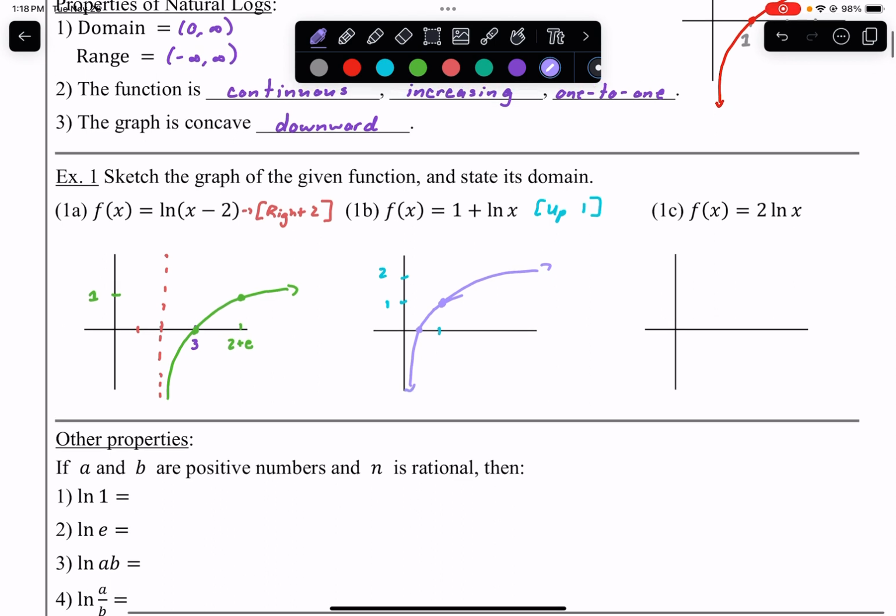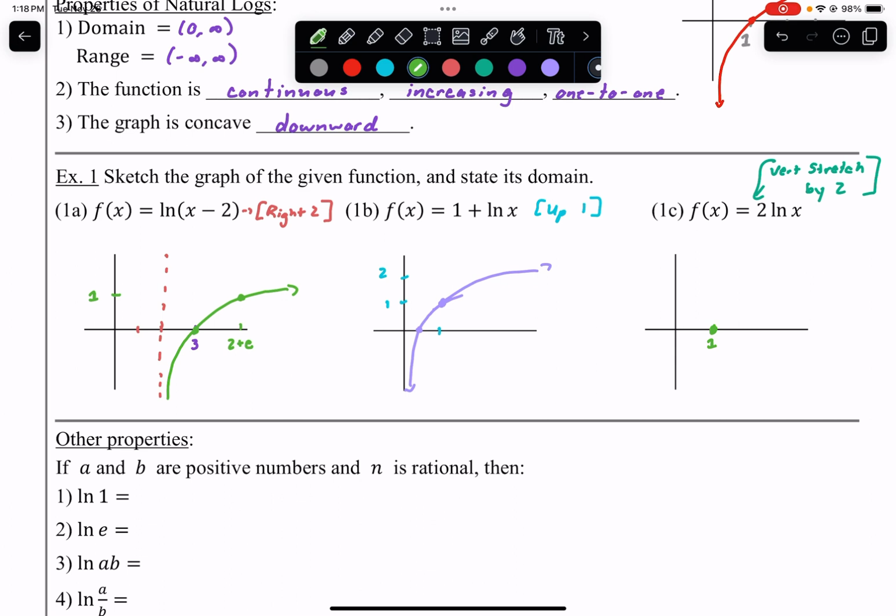Now the 2, this is actually going to be a vertical stretch by 2. So all of the y values are going to get multiplied by 2. Now, the y value is 0. 0 times 2 is still 0. So even though I'm stretching, I'm still going to go through that point (1, 0).